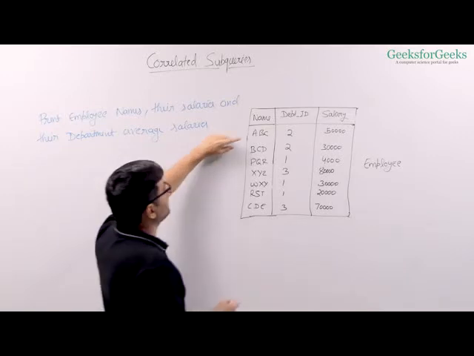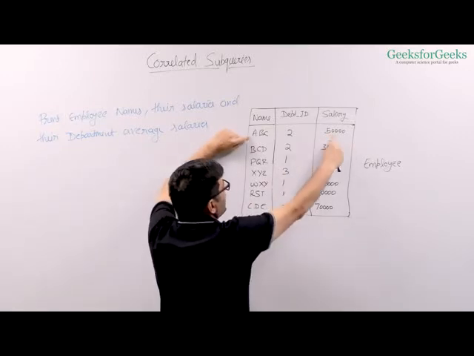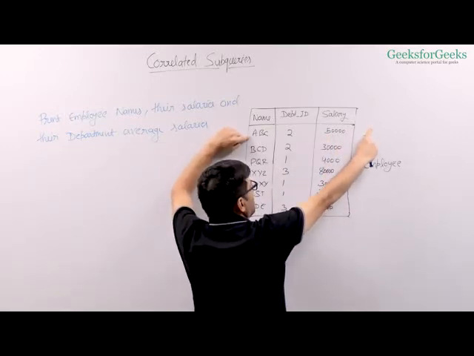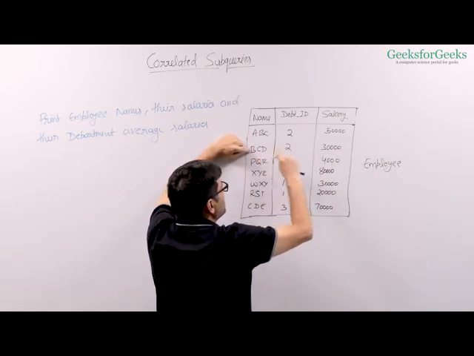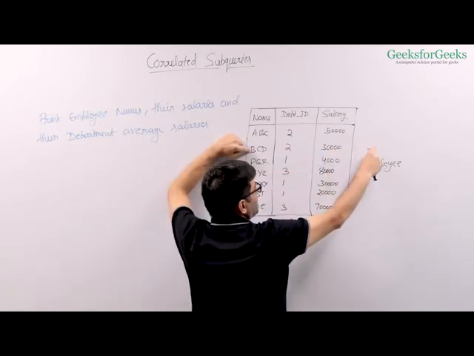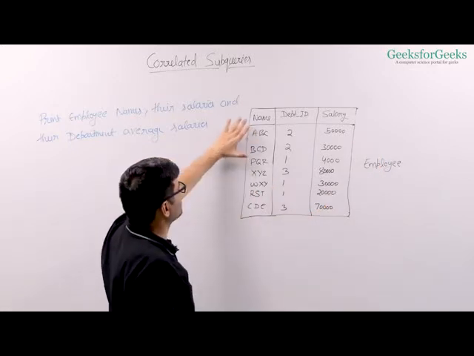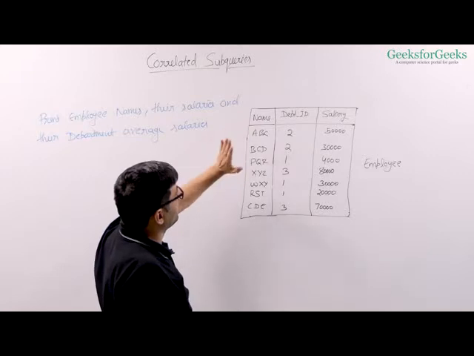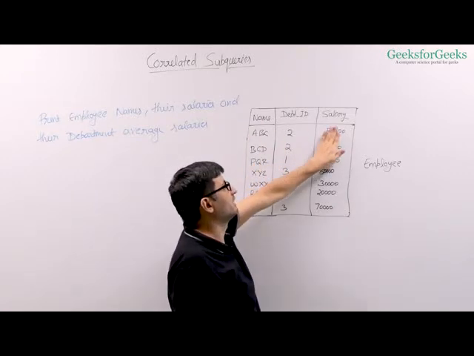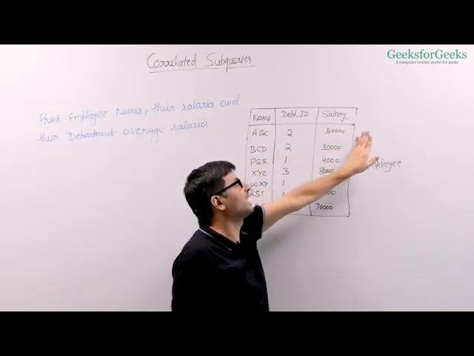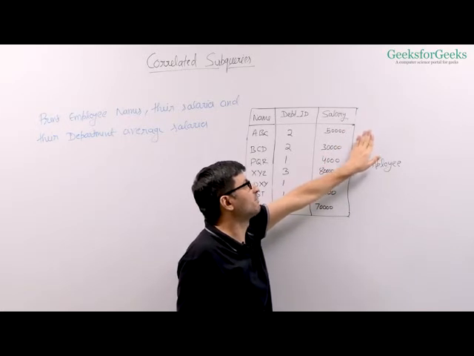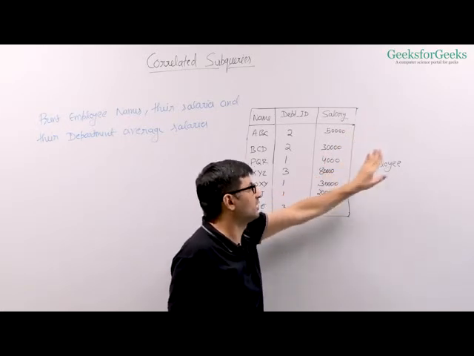So the output should be name, salary, and the average salary of this employee's department. Similarly for the next row. The output is going to have 7 rows because we have 7 employees, and for every employee we'll print his or her salary, and after that the employee's department's average salary.